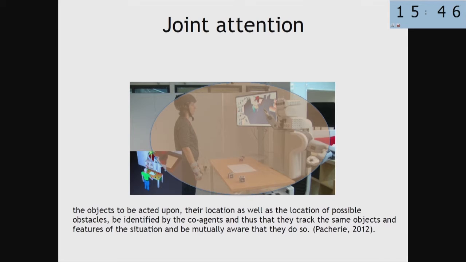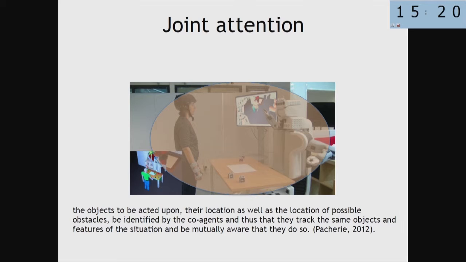And what does it mean in our example? It means that in this sphere of joint attention, the objects to be acted upon, their location, as well as the location of possible obstacles, must be identified by the co-agents, and that they track the same objects and features of the situation and are mutually aware that they do so.